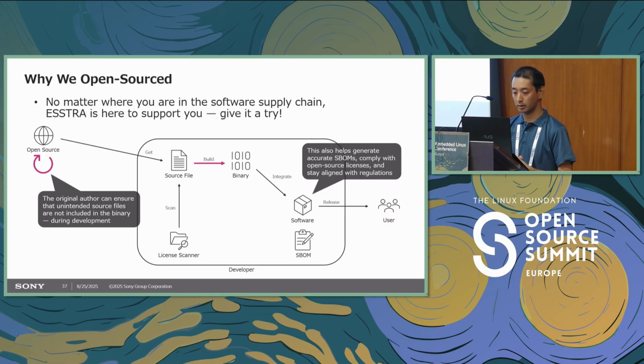On the downstream side, it also supports compliance with open source licenses and keeps projects aligned with regulations. All of this will raise the overall quality of SBOMs throughout the supply chain. We hope ESSTRA will be useful for many working with open source software.